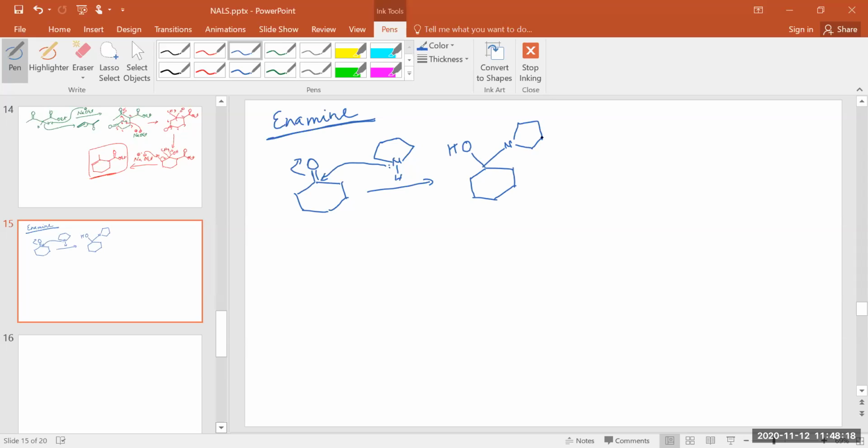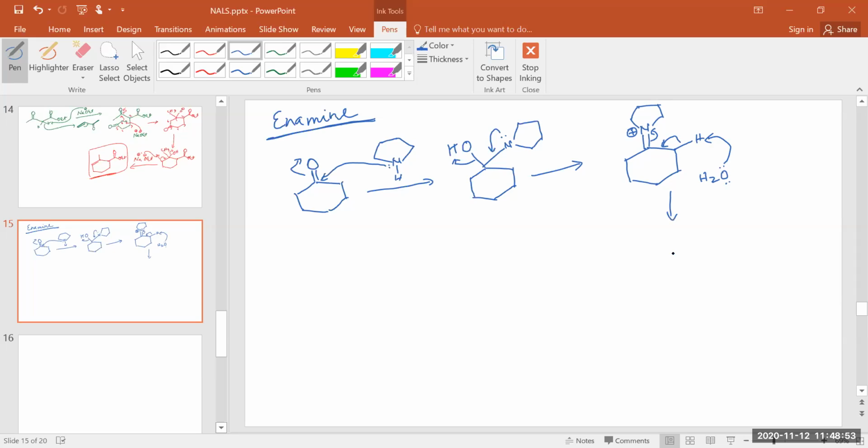In the reaction condition, this pushes out and this leaves. So this will form a positive charge. The conjugate base or even the solvent here can take this proton, this will go here, this will go here.